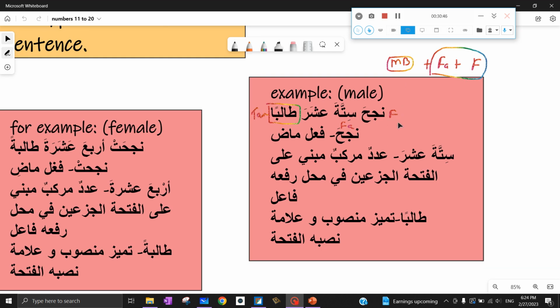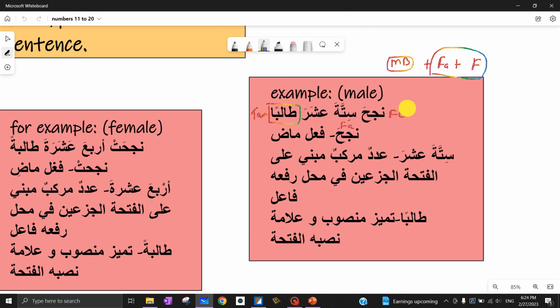Let's see the example for the male: najaha sittata ashara taliban. As I've marked here, najaha is fail madi. And sittata ashara, we know this is fail, the number part is in fail position.